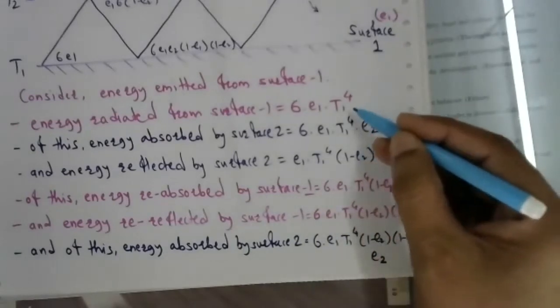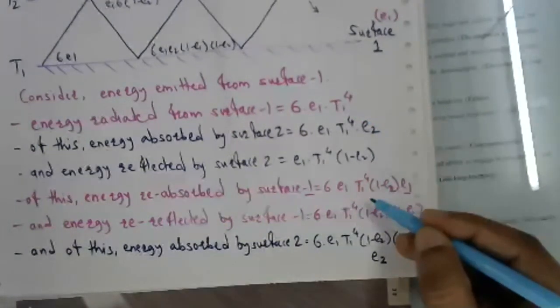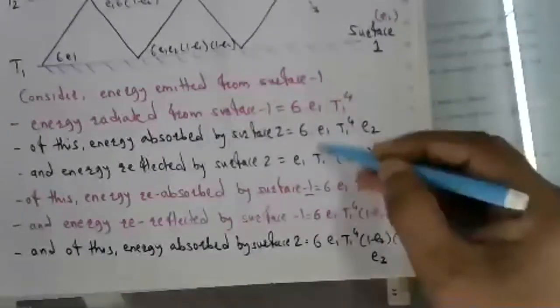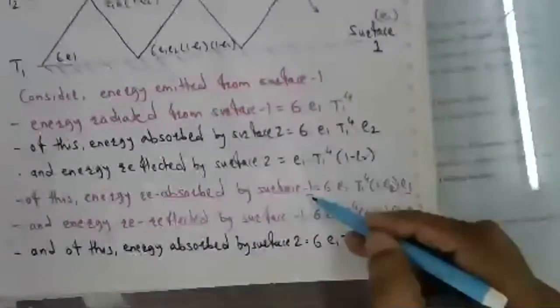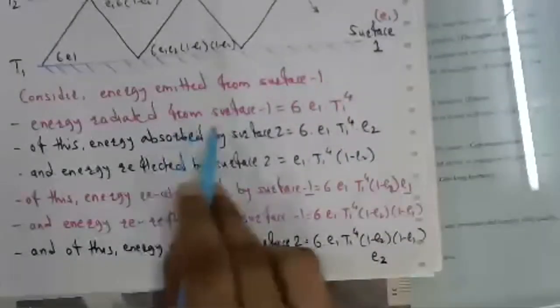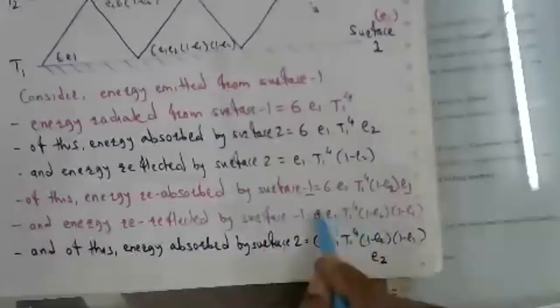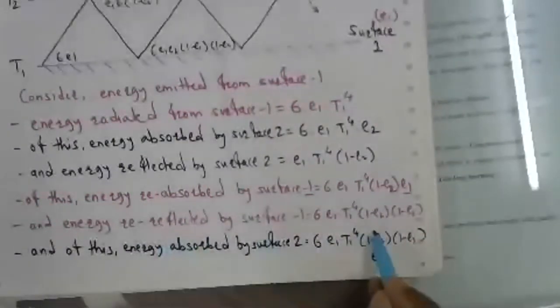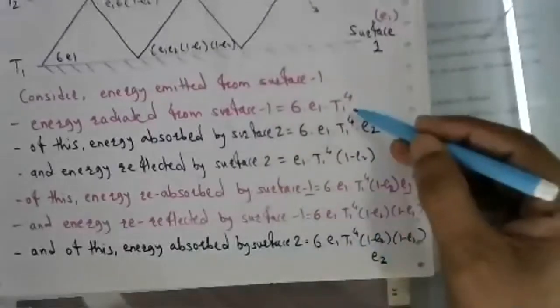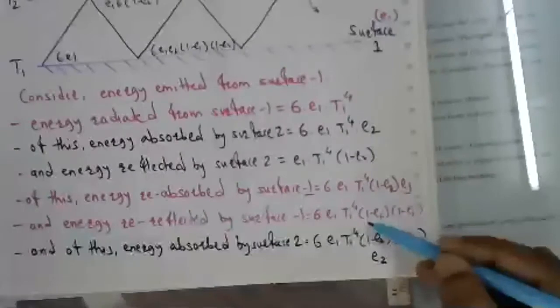So energy radiated from surface 1 is sigma E1 T1 raised to 4. From this surface 1 to surface 2, this is the energy radiated, and now it is reabsorbed and then re-reflected, so sigma E1 T1 raised to 4.